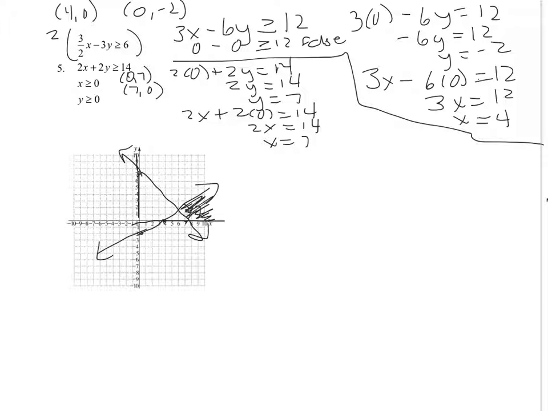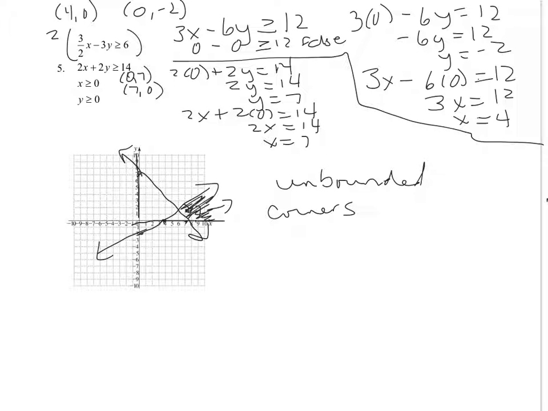So we've got the graph. We have to answer the question, is it bounded or is it unbounded? Well, this is unbounded because this is going to continue on this way, all this shading. And I do have some corners. Now, where are the only places that I see corners?